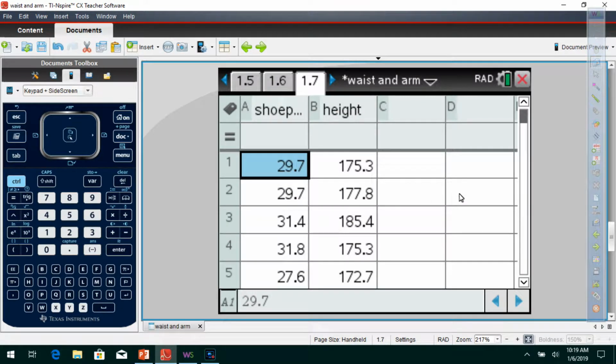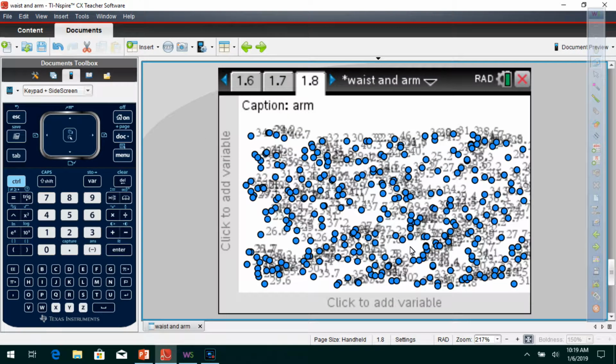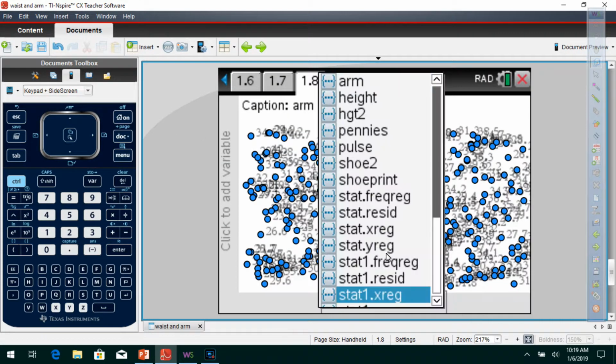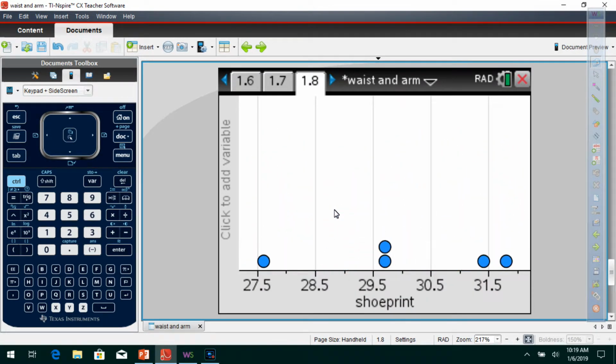And here, shoe print. In this particular one, you can see I've only got about five things there. We're going to do like we've been doing, on, graph, and then shoe print and height.